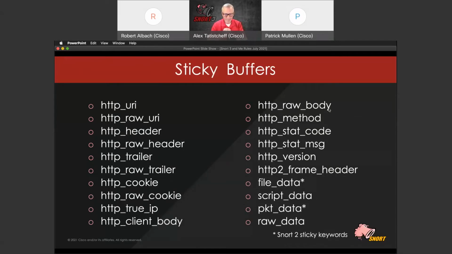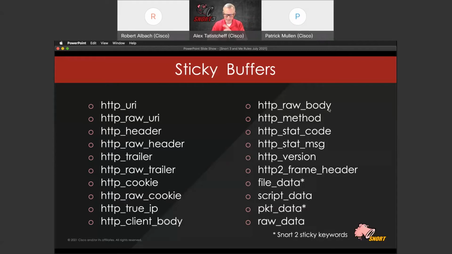So I talked about sticky buffers already, a little bit, just mentioned those. These are the sticky buffers available now in Snort 3. I told you there's a bunch. If you notice, there's 2 down there on the right to the last span. Those are the ones I'm aware of that are sticky keywords in Snort 2. You'll see a ton of rules from Talos that have file data in them.